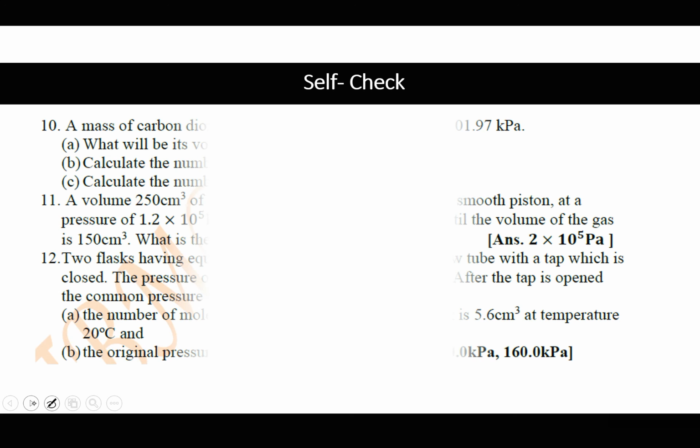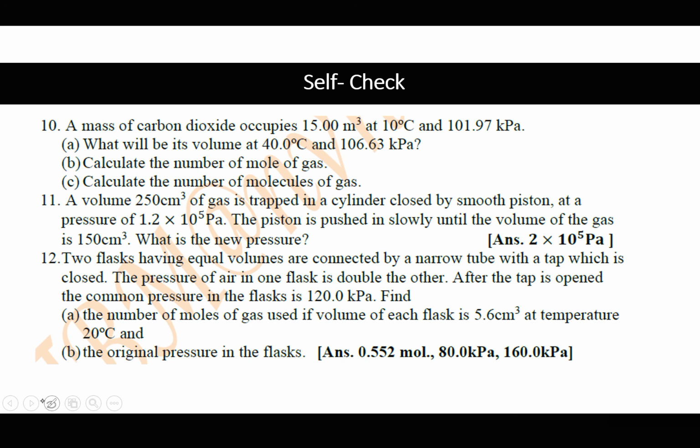Self-check. Check yourself and test yourself with the following questions. Number 1, a mass of carbon dioxide occupies this volume, that temperature, that pressure. What will be its volume at this temperature and that pressure? Calculate the number of moles, calculate the number of molecules of the gas.